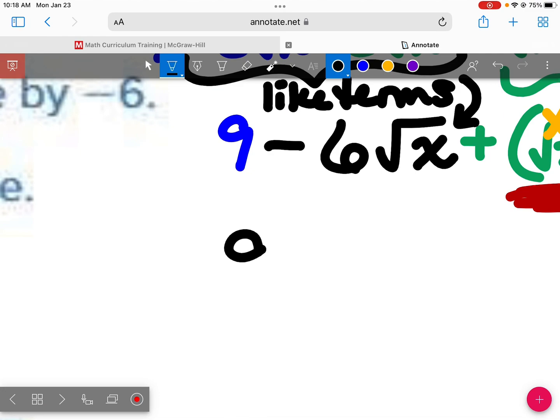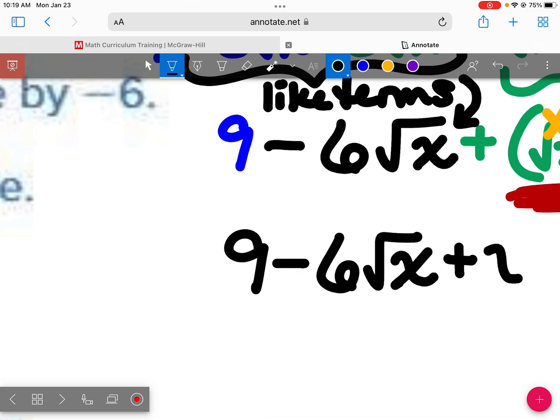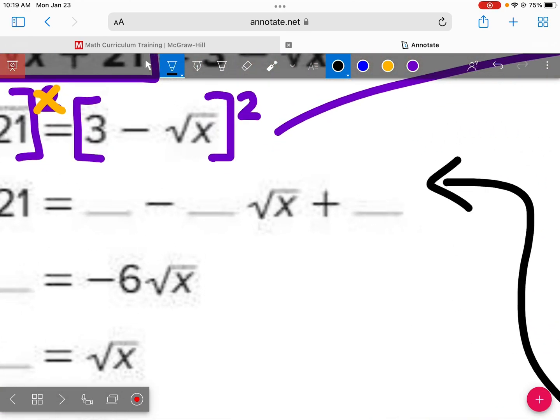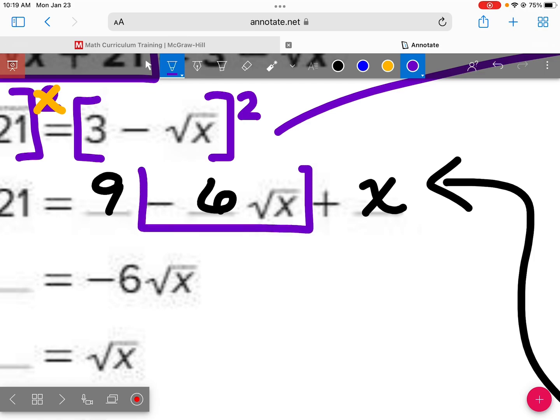So I'm going to have 9 minus 6 square root of x plus x. This is what I'm going to put on these lines over here. They did not give any room for the work for that. So 9 minus 6 square root of x plus x. Do I still have a radical? Then I have something else that I'm going to need to isolate.